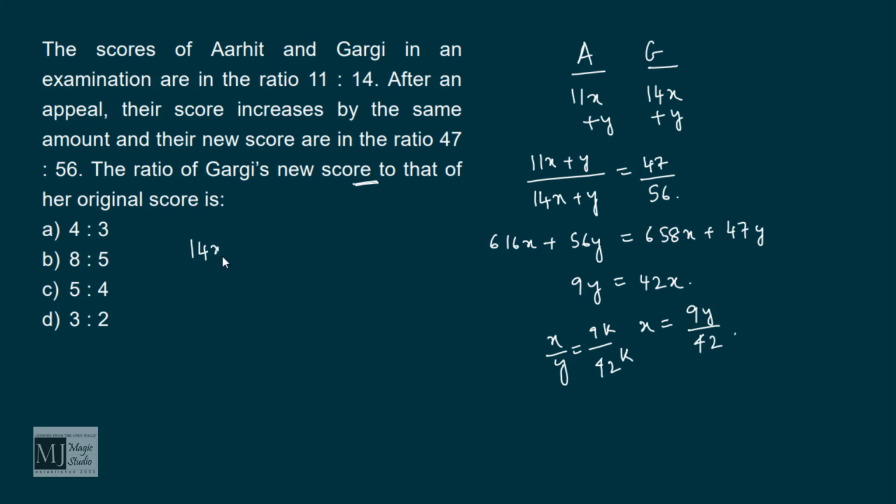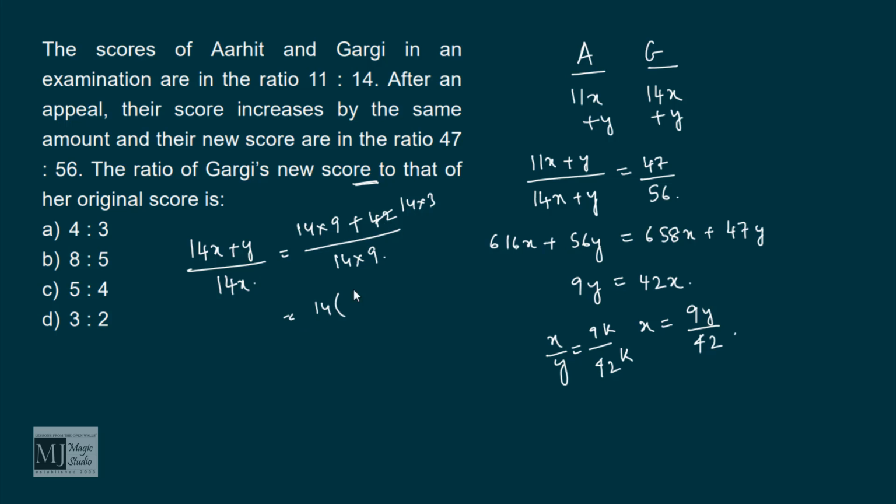The ratio of Gargi's new score, that is 14x plus y, to that of her original score. Original score is 14x. So this would be, x is 9 units, 14 into 9 I can take, plus y is 42 units, by 14 into 9 units.